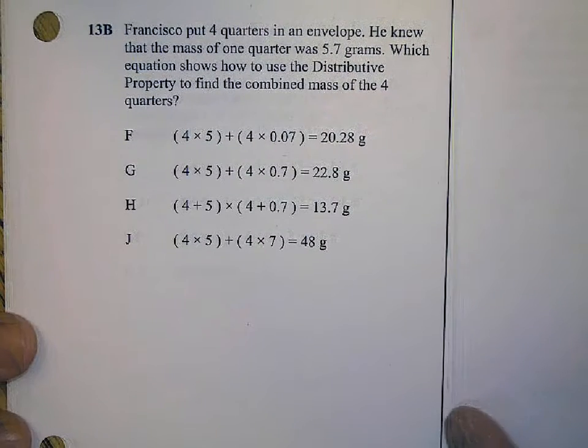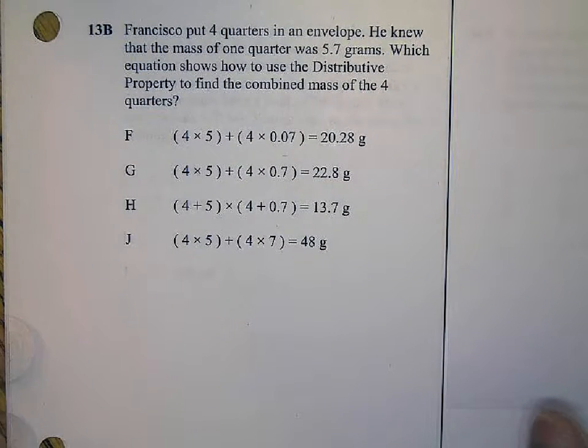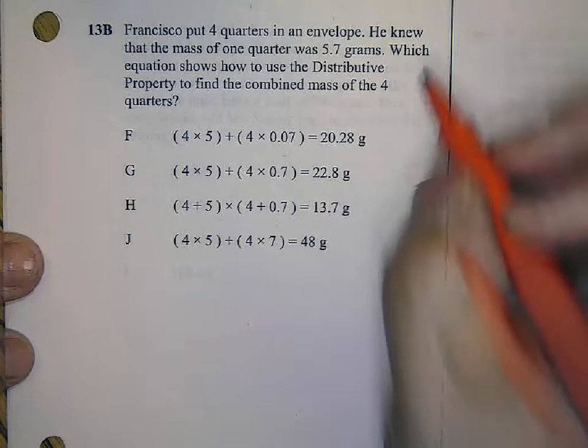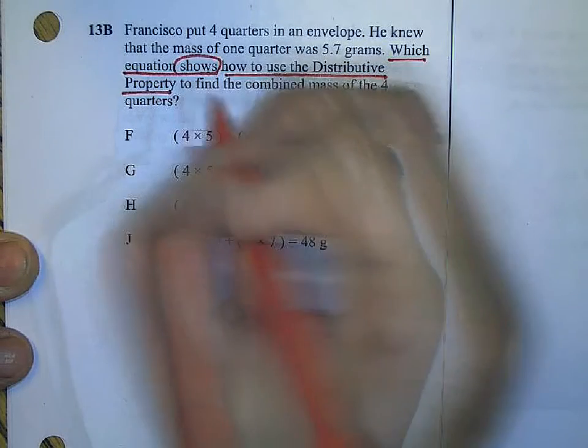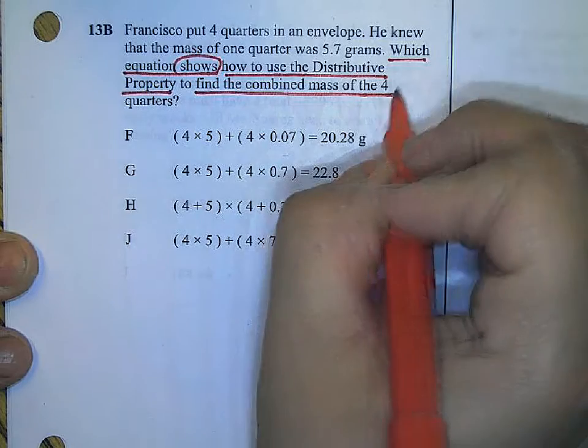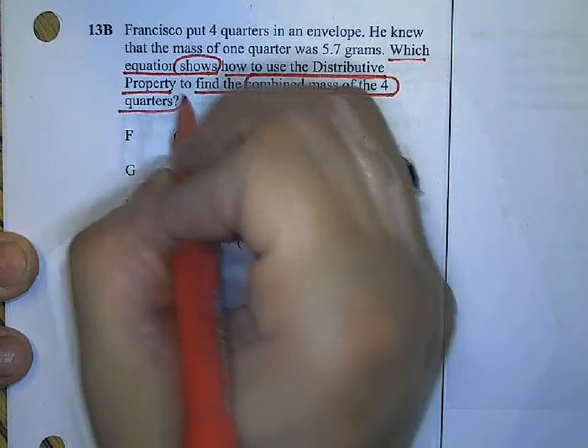It says, Francisco put 4 quarters in an envelope. He knew that the mass of 1 quarter was 5.7 grams. Which equation, so we're looking for an equation, shows how to use the distributive property to find the combined mass of the 4 quarters.